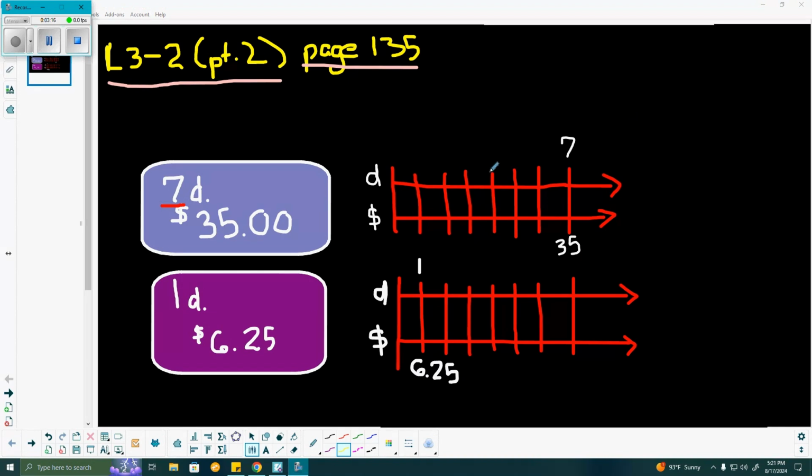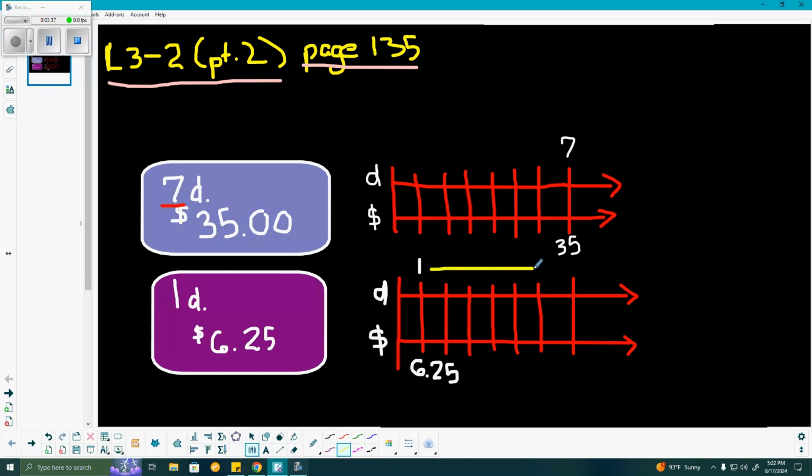All right. Let's determine which one of these passes gives the better discount so that Yelena doesn't have to spend a whole lot of money. We already know that for our second pass, 1 day is $6.25. Let's say that I want to figure out how much it would cost to go 7 days, because I'm going to compare it to my 7-day pass at the top.